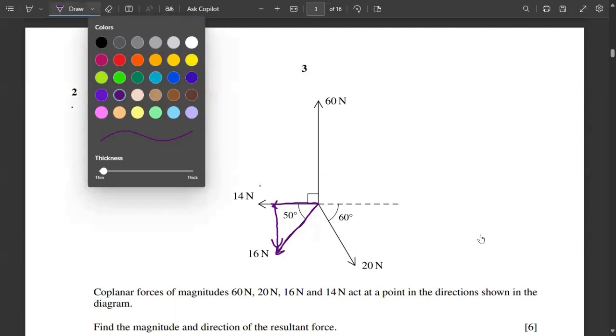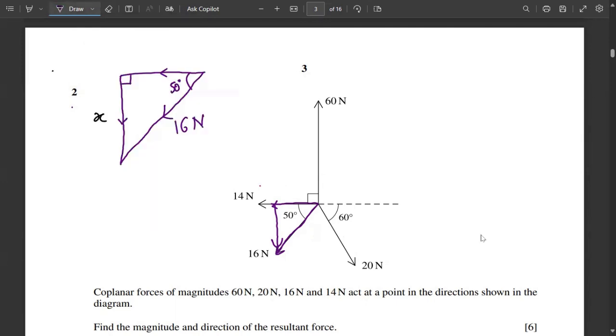Now what we want to do is find the force that is acting completely down vertically and completely to the left. So we can use trigonometry. This is the opposite side, this is the adjacent side, and this is the hypotenuse. Let me erase this.